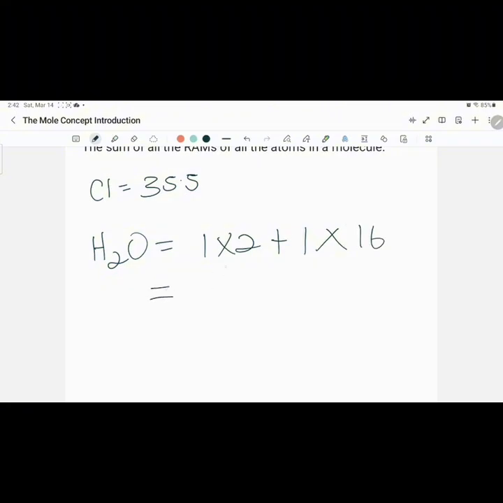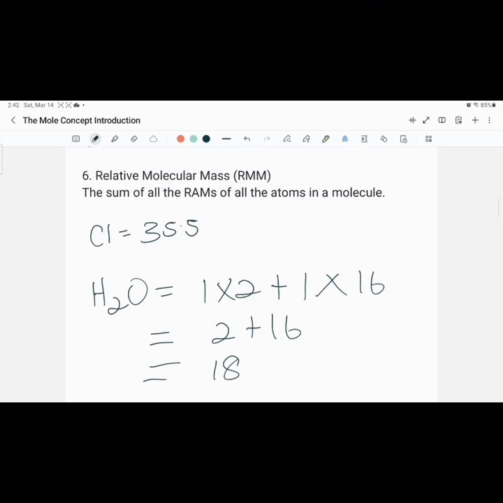So when we do the calculation, we'll have 2 plus 16, and the RMM in all will be 18. So clearly we add the different RAMs of the elements together to have the RMM of the whole molecule.